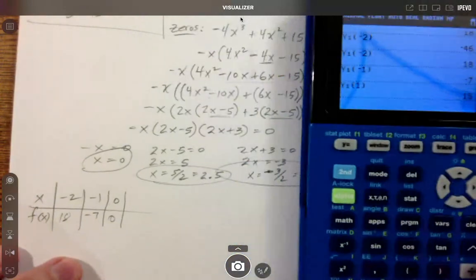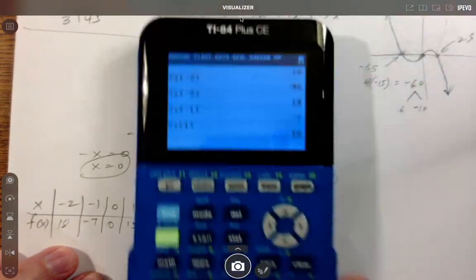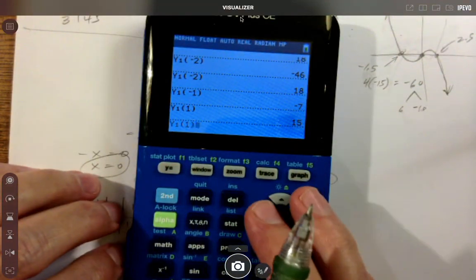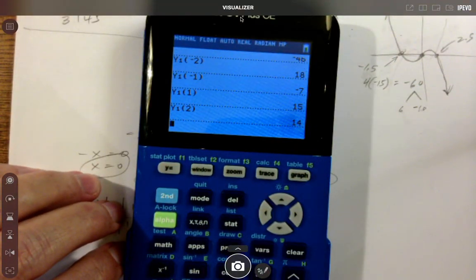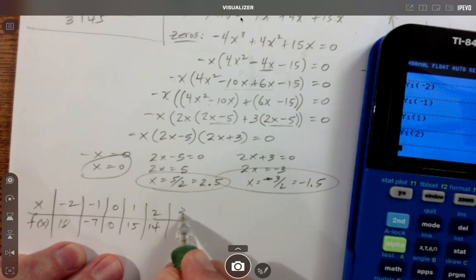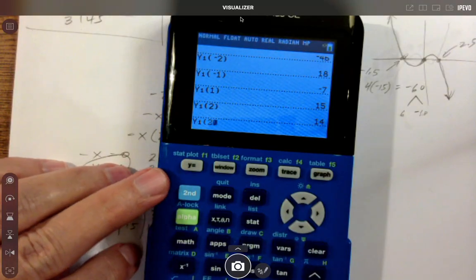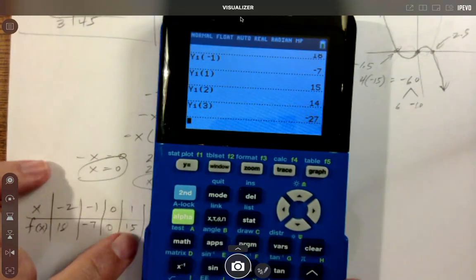I get 15. If I plug in 2, I get 14. And I'll plug in 3. And I get negative 27.